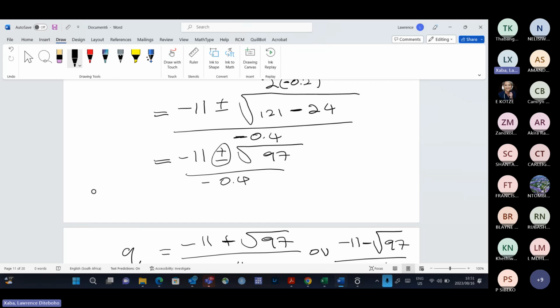You take your 2.9. We have two values. If you take your 2.9, it's going to give you a value somewhere there. And you substitute your 2.9 into the total revenue equation.